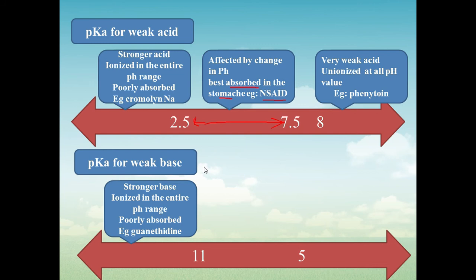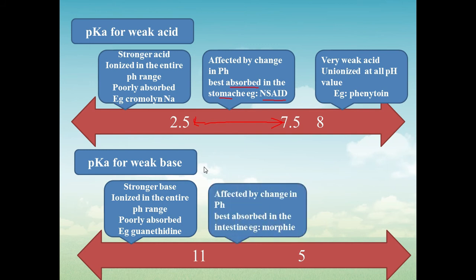Okay, example is guanethidine. It is a good example of a stronger base, and it will ionize in the entire range, so its absorption is very poor.